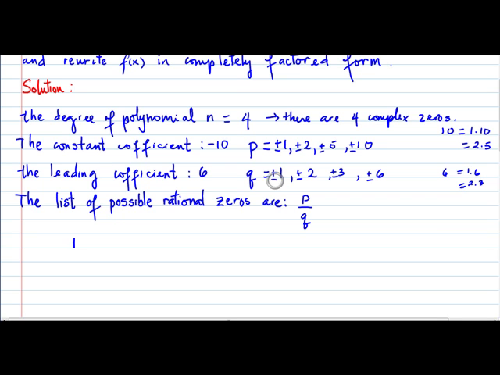So 1 over 1 is 1. Then 1 over 2 is 1/2. Then continue with 1 over 3, and then 1 over 6. Then put 2. 2 over 1 is 2. Then 2 over 2 is 1, but I already have 1 over here, so I don't need that.